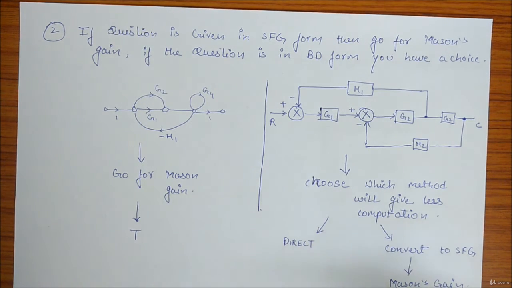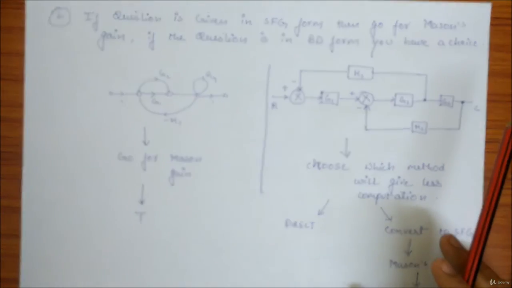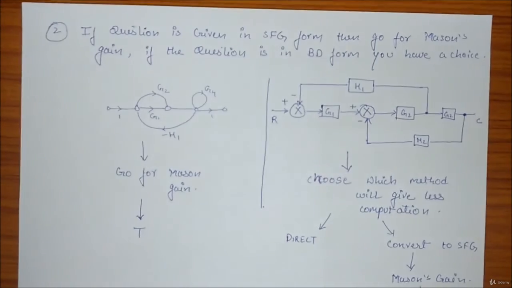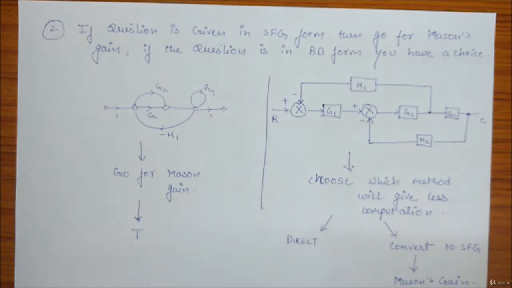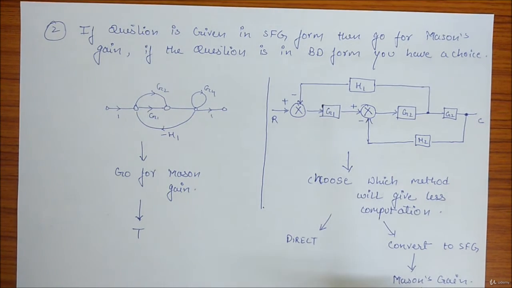You have to choose the method which will give less computation. It's totally the student's choice. He or she should see the question and decide whether the SFG approach will be helpful or whether the block diagram reduction technique will be helpful.